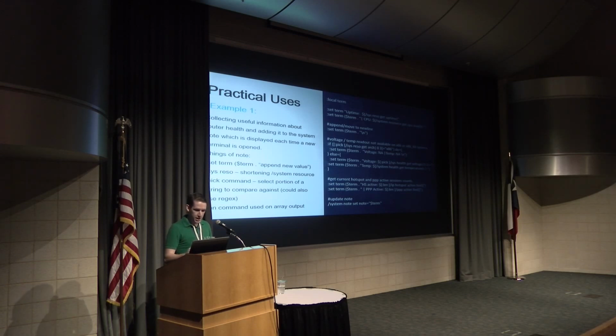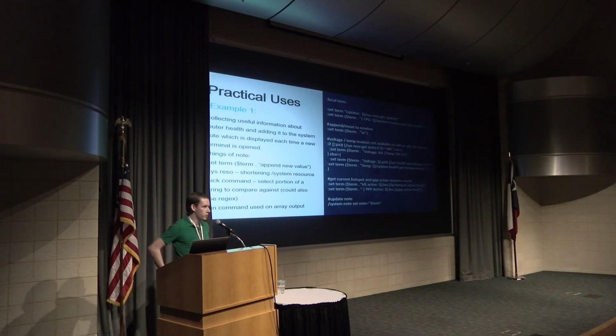The other thing you'll see is that in the lower lines, where I've got the hotspot and PPPoE active counters, I'm searching for any active hotspot users. So it's going to put that out to me as an array, and I'm then using the length command to take the length of that array.